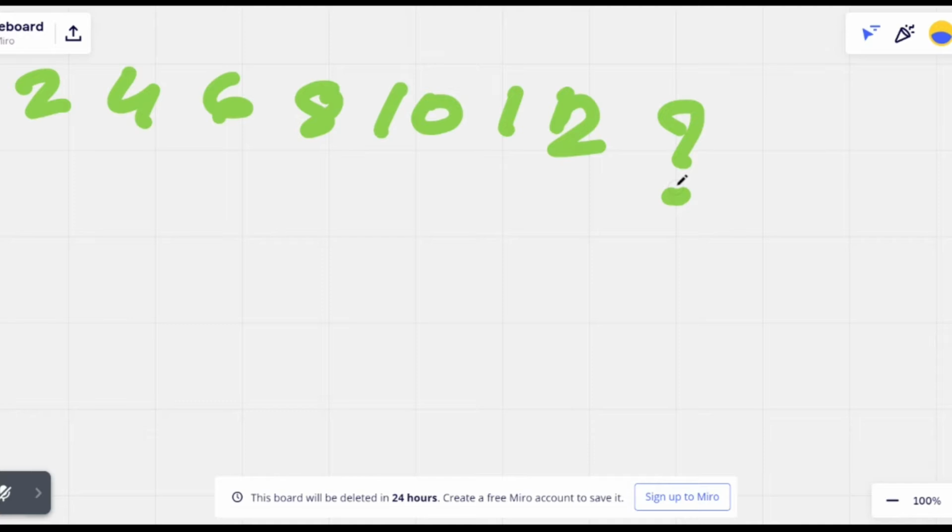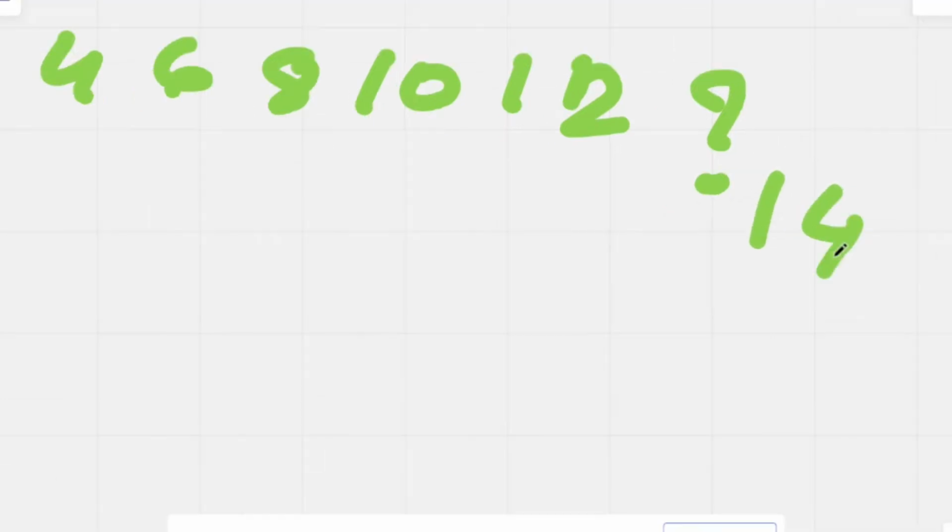You need to find the logic and the pattern it is following. Basically, in number series they will follow a certain pattern, and there are different types of number series.